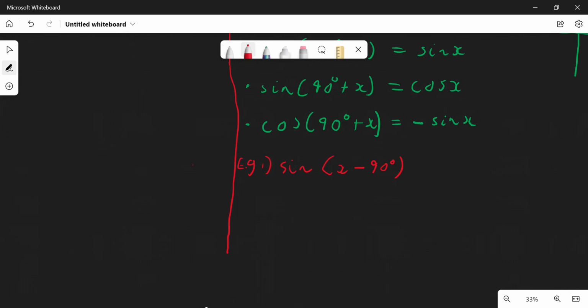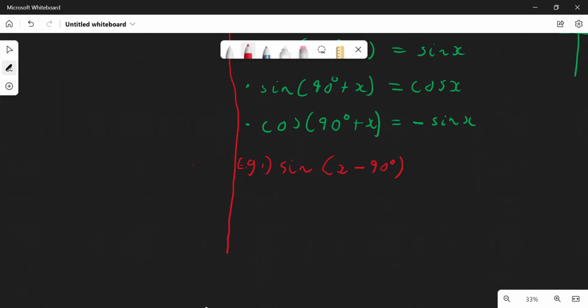Already you can tell that this is very odd because now we have an x minus the 90. Personally, I initially solved this incorrectly. I tried to add 360 to this, which wasn't the correct way to do it.